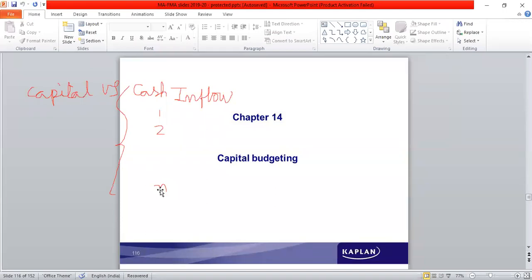It will have a lesser value. So when the cash flows which are expected to be received in the future are not at the same value, the first point is we have to find out what exact value these future cash flows have. So we need to understand how to discount them.